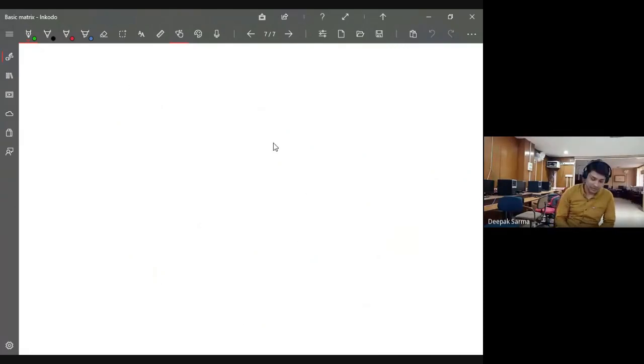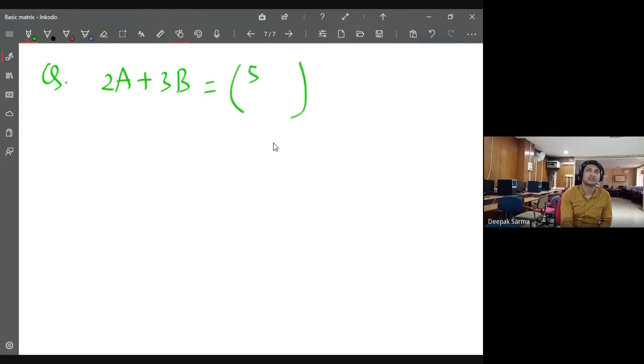Okay. Now let us slightly change the question. Let us try some other variation. Suppose twice A plus 3B. I don't know what A and B are, but what we know is A and B are matrices. You can choose some number. Suppose again 5, 6, 7, and 8 is given. Again, suppose some other combination, you can choose any number.